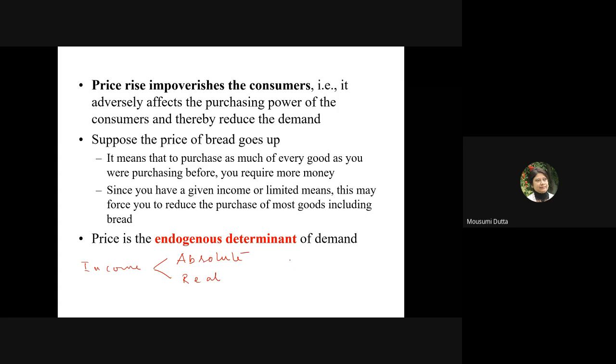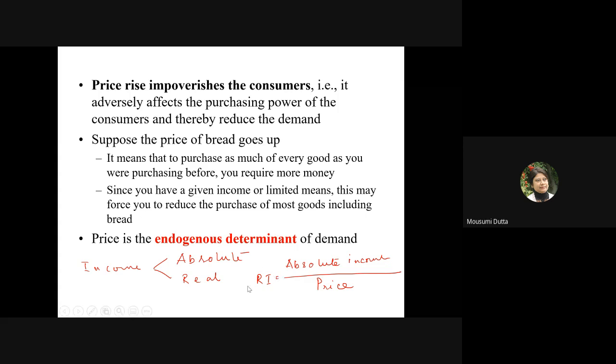Real income is the absolute income divided by price. When the price of one particular commodity is increasing, what is happening?